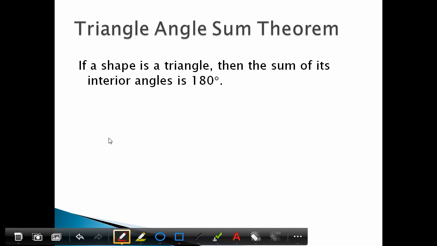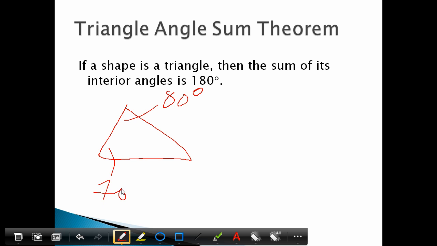So if we take a triangle, here's a nice little triangle right there. I know it's not really that nice, but it's a triangle. We have three angles inside of it. If I know two of them, let's say this one up here is 80 degrees and this one down here is 70 degrees, what do we have left? It's got to add up to 180.